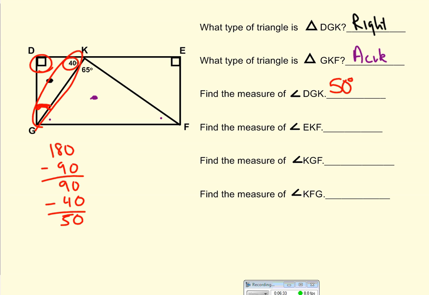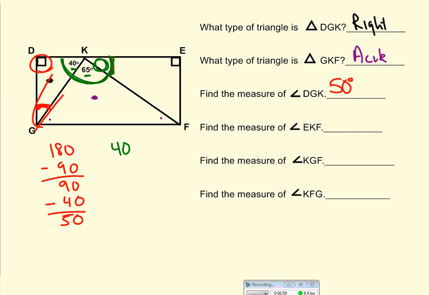So EKF, well, now we've got to do a little problem solving here. EKF is this angle right here. Let me change colors. So now here's where you've got to think a little bit. This whole thing is a line, right? So if this one's 40, this one's 65, whatever this angle is has got to add up to 180.